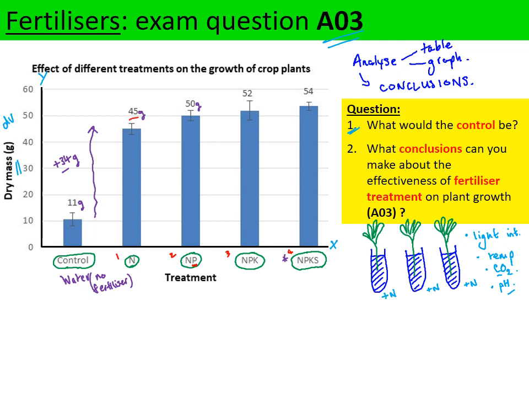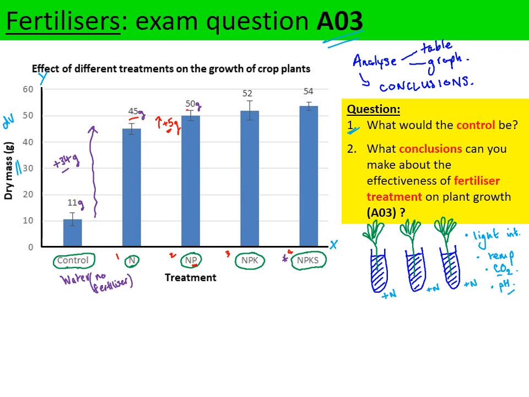Now, if we add N and P, we get 50 grams. So actually, just adding phosphorus gives us a 5 gram increase. So the effect of phosphorus here gives a slightly increased growth from 45 grams up to 50 grams. And that's quite a small value in comparison to the effect of nitrogen, which gives us a plus 34 gram increase.